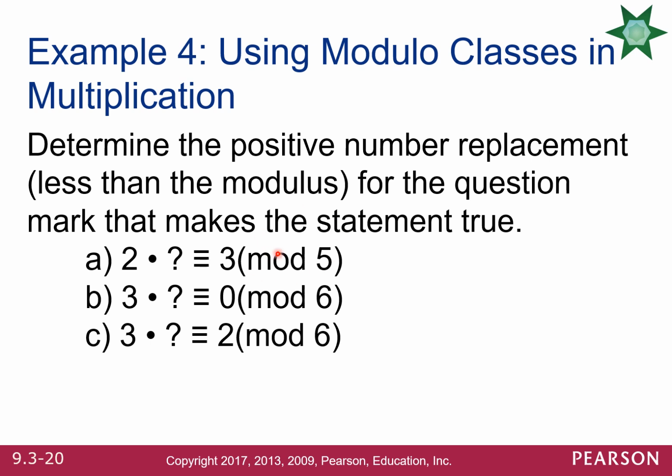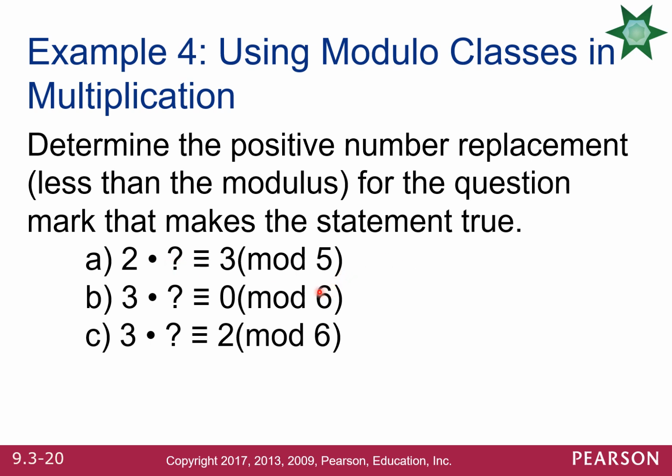What this means is 2 times what number when divided by 5 will leave a remainder of 3. All right, that's what it is asking. And this question mark, as it says here in the question, must be less than the modulus, which is 5.